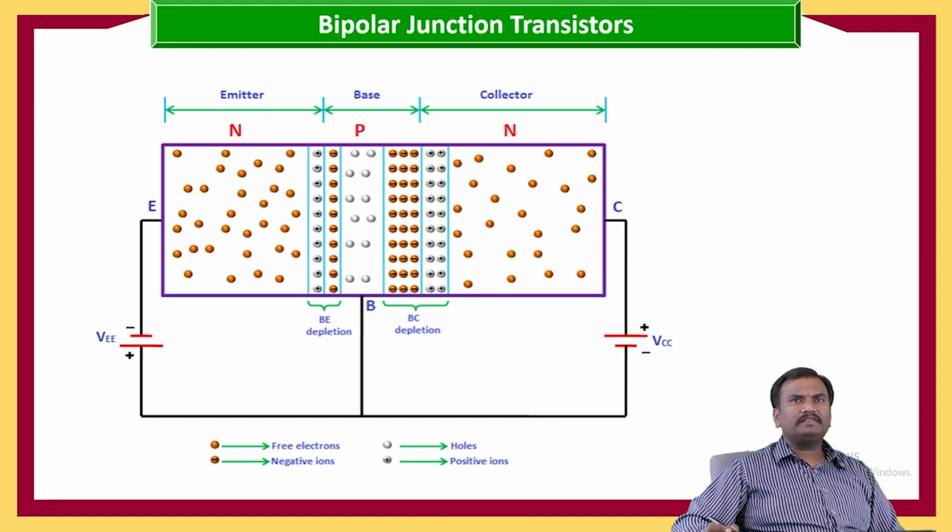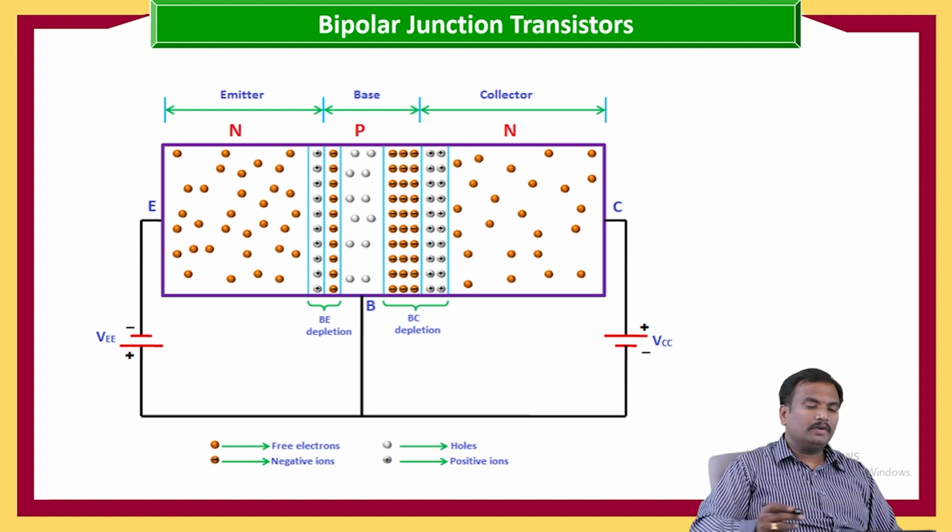In bipolar junction transistors, the emitter is heavily doped, the base is lightly doped, and the collector is moderately doped.